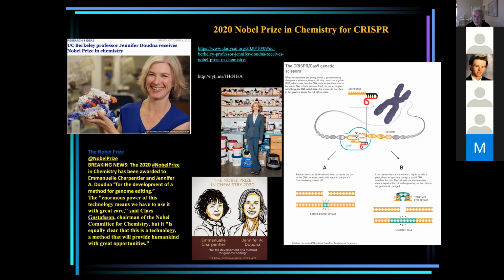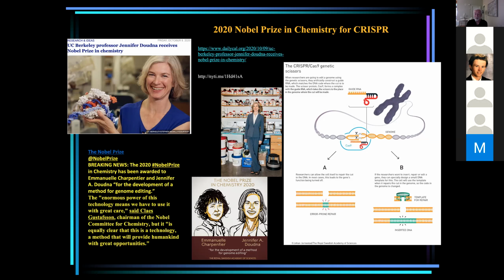Secondly, its specificity for targets. And so there are really just two components to CRISPR, a guide RNA, which you make in the lab, and you make it to correspond to some point in the genome that you'd like to mutate. So it will bind to that point, and then this enzyme, Cas9, comes along and makes a double-stranded cut in the DNA that you've targeted.